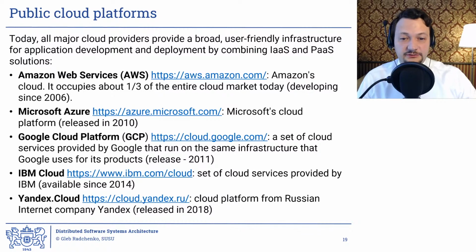Of course, the most popular cloud platform today that we should know, it is Amazon Web Services, or AWS. Amazon Web Services, it is a cloud platform from the Amazon company that was, as you remember, just an online web shop, and today it is not only a web shop, and today it occupies over 1/3 of the entire market of cloud computing resources.